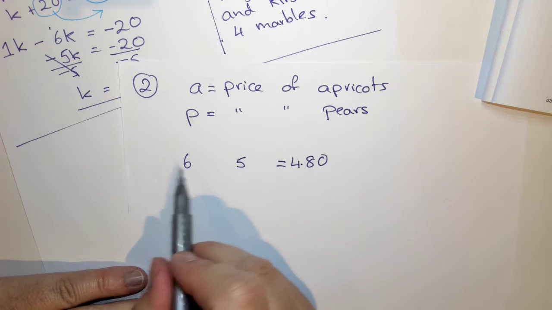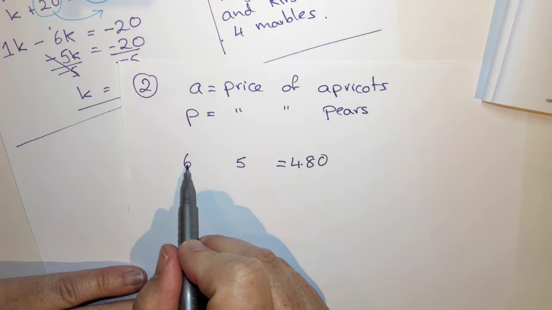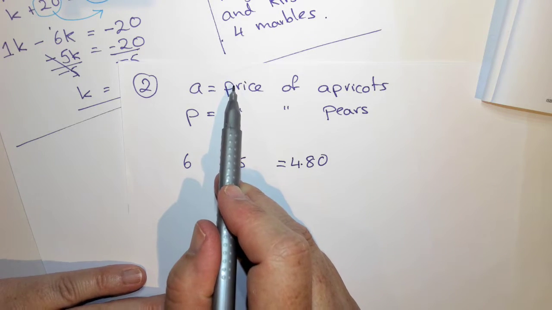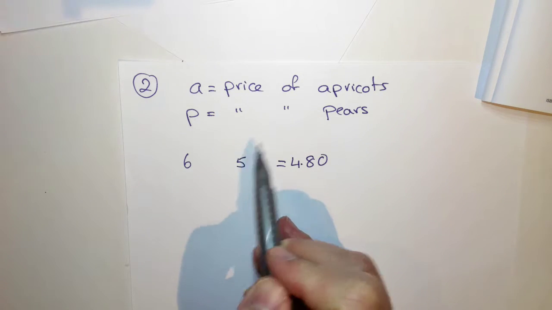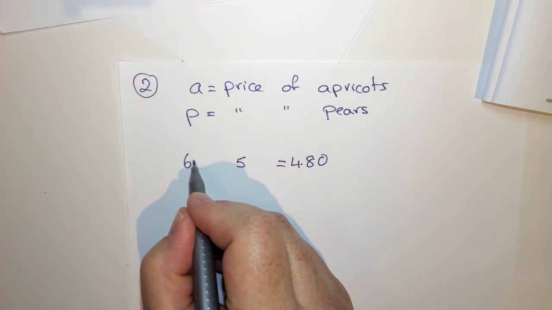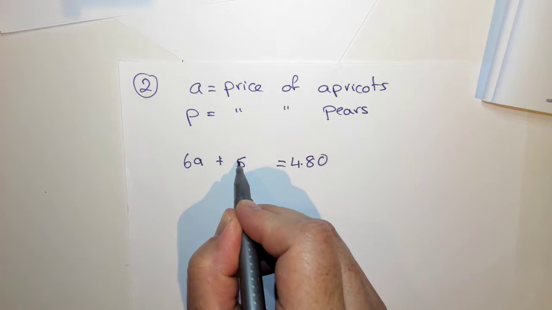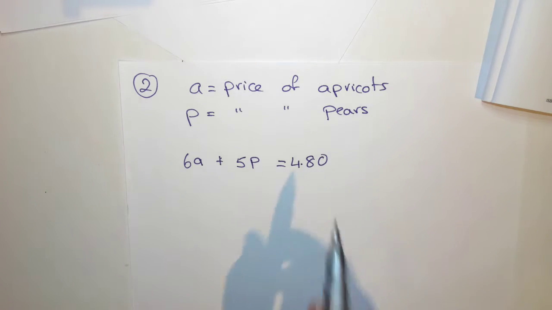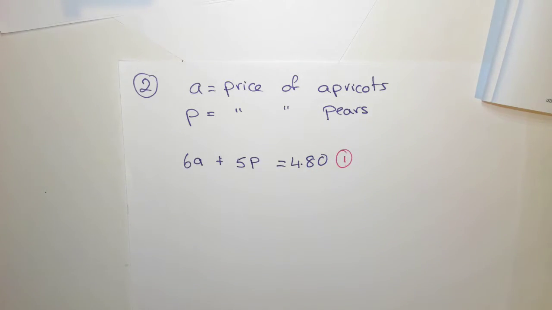So now I need to think, if I take 6 apricots and multiply that by the price each apricot is, and then I'd add on to that the price of pears multiplied by 5. So 6 apricots times the price of each apricot plus 5 times the cost of each pear. That will give us a total cost of $4.80. So that is equation number 1.